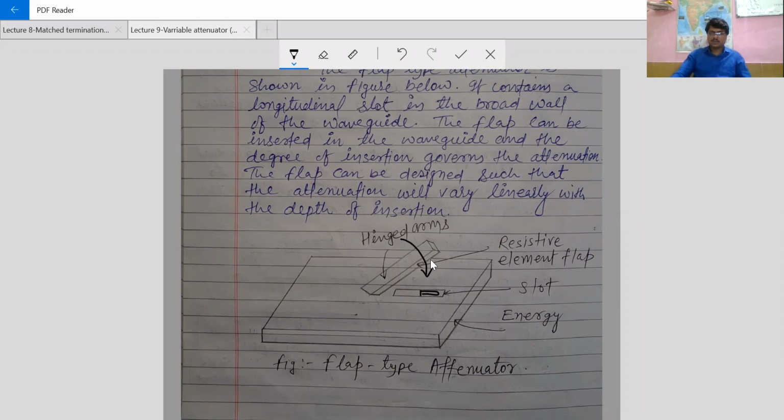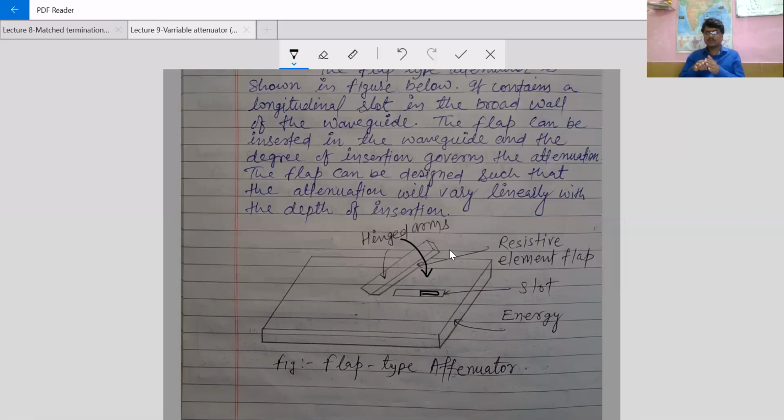So it works on this: the degree of insertion governs the attenuation. This flap should be designed such that the attenuation varies linearly with the depth of insertion. For example, for 1 mm of insertion, let us suppose 5% of the attenuation is done.